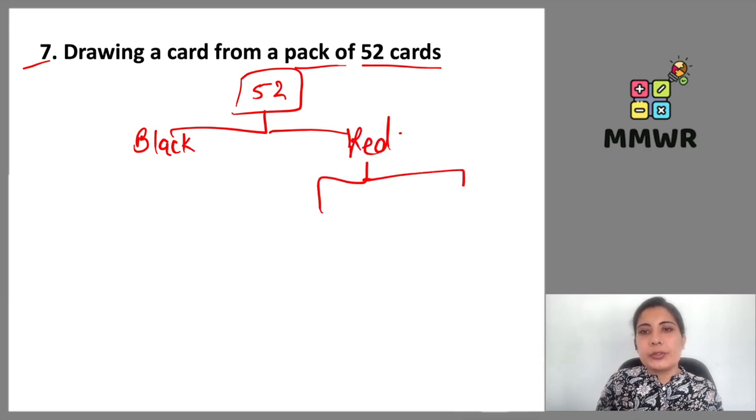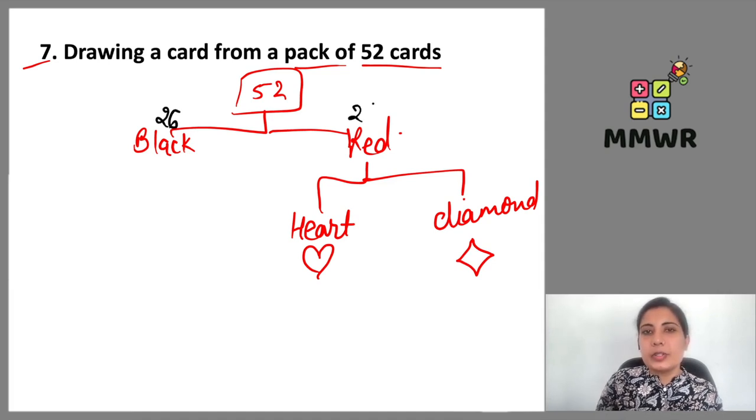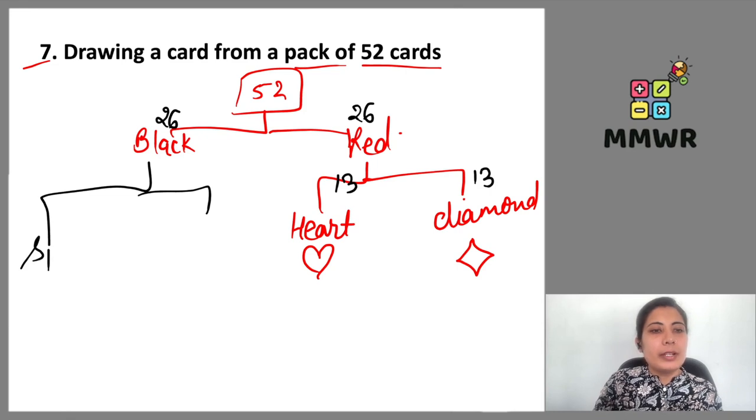So red color we have 2 categories, heart shape, then diamond shape. Heart shape we all know, diamond shape like this. Then we have the black color cards, total 26 black cards, 26 red, out of which 13 are heart and diamond. Then black color spade and club cards.